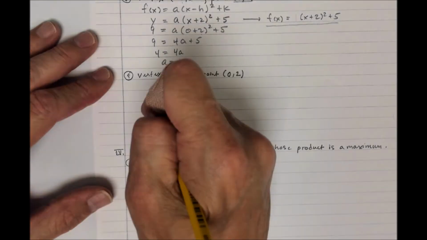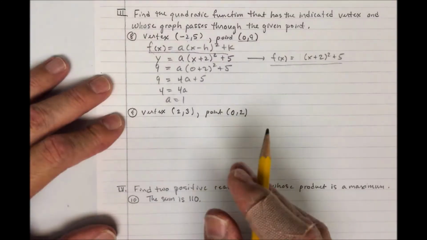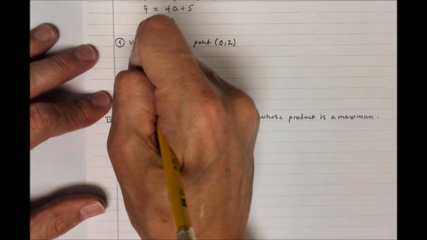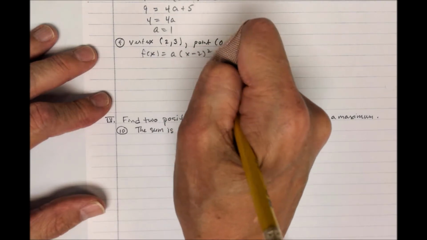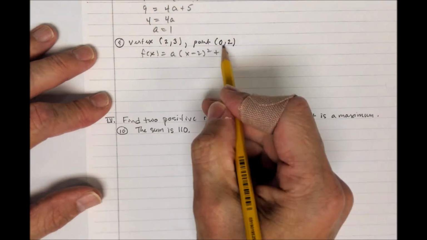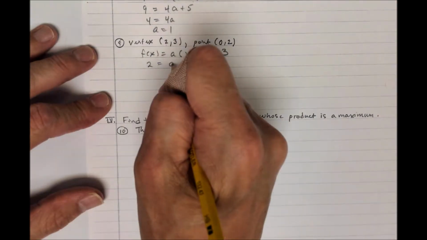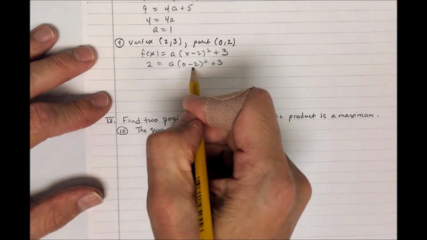All right, so I have the same starting form here. Now I'll plug this in for h and k, so that gives me f of x is equal to a times x minus 2 quantity squared plus 3. And then I have the point 0, 2 in for the x and the y. All right, so 0 minus 2 is negative 2.